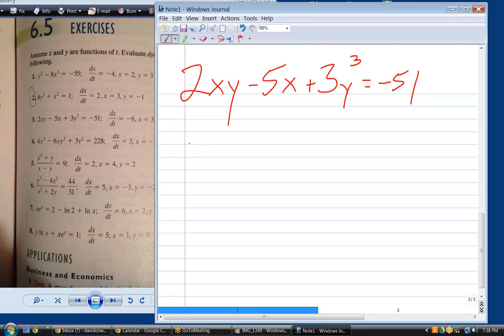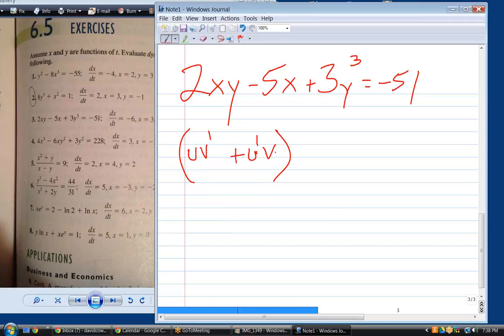Let's see. So that would be, this is where I always get messed up. Well, let me put parentheses around it. You know there's a plus, and there's got to be 2 things here and 2 things here. Okay. So this thing is usually written like this: u v prime plus u prime v.